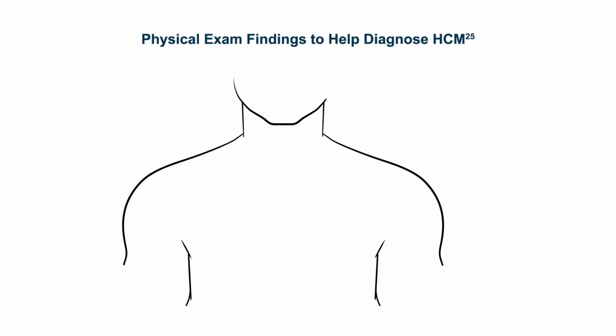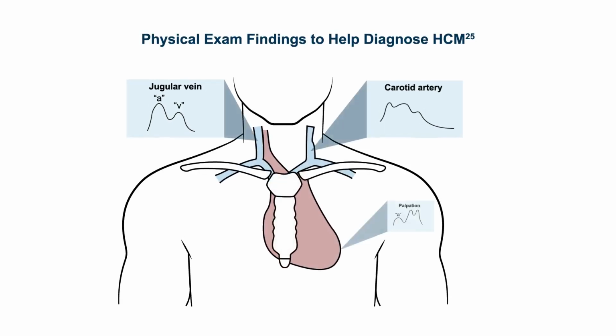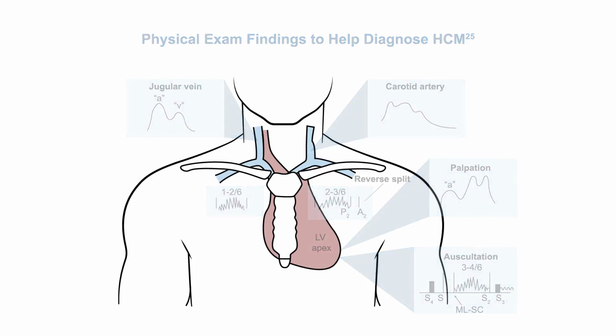Physical examination still has an important role in the diagnosis of hypertrophic cardiomyopathy. Most of the classic signs relate to the presence of outflow tract obstruction, and it's important to elicit these at the bedside whilst also performing typical manoeuvres such as the Valsalva maneuver to reveal signs consistent with provocable outflow tract obstruction.